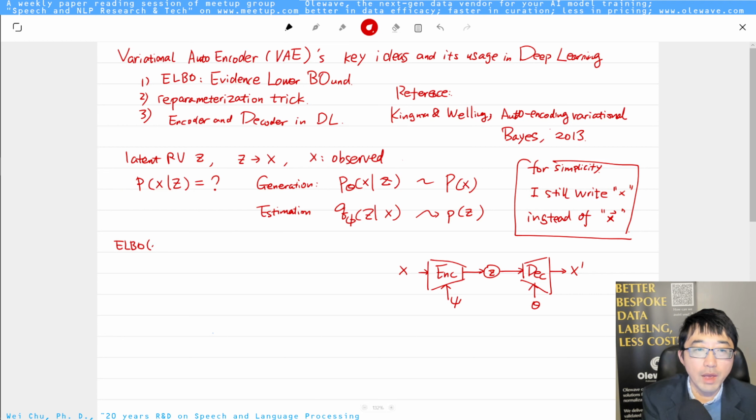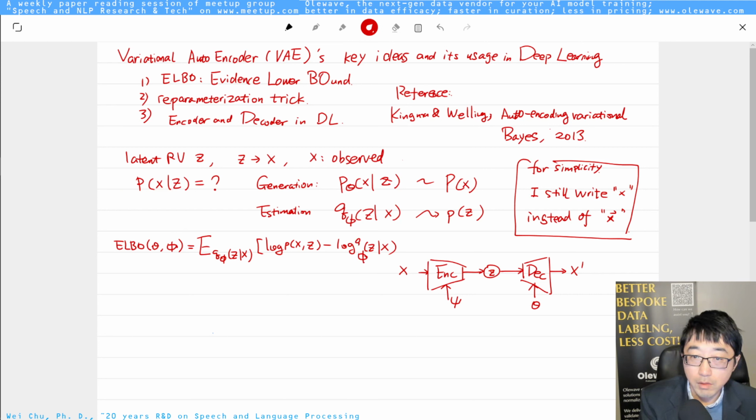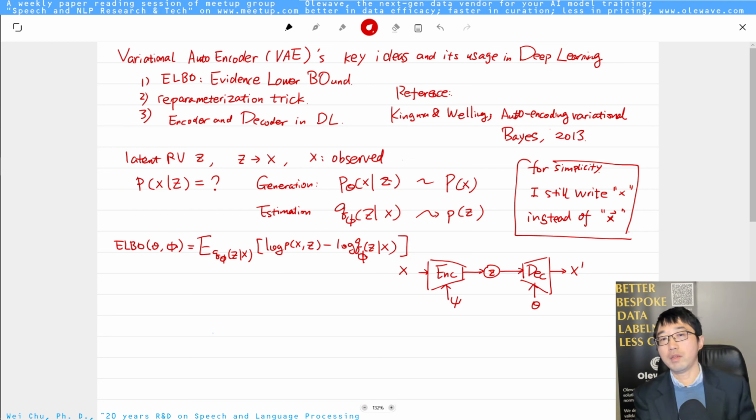ELBO, given the two sets of parameters theta and phi, is equivalent to the expectation over q phi of z given x, of log p theta of x and z, minus log q phi of z given x. That's the definition of it.